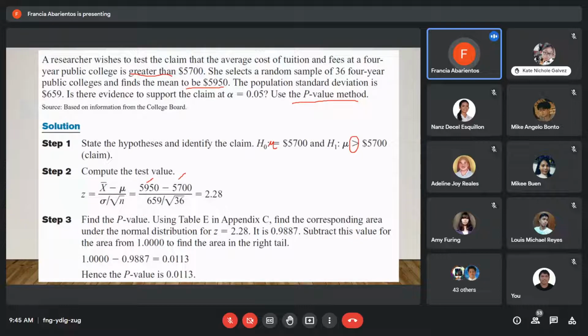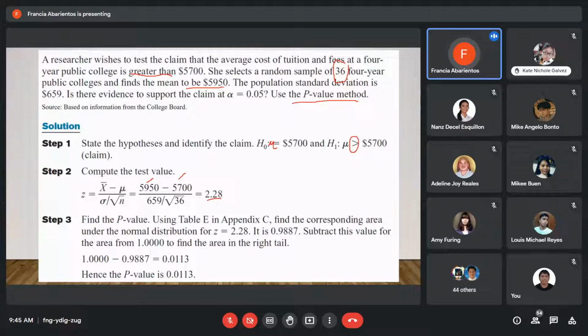And we have the population standard deviation divided by the square root of the sample size, which is given in the problem, 36. So we have now here 2.28. Okay.